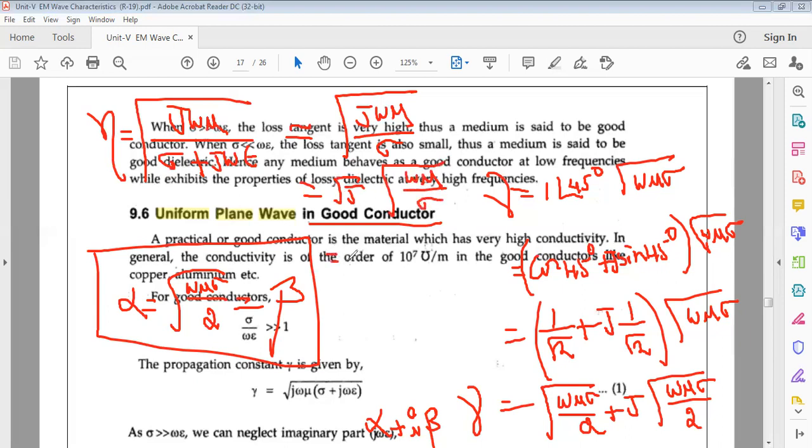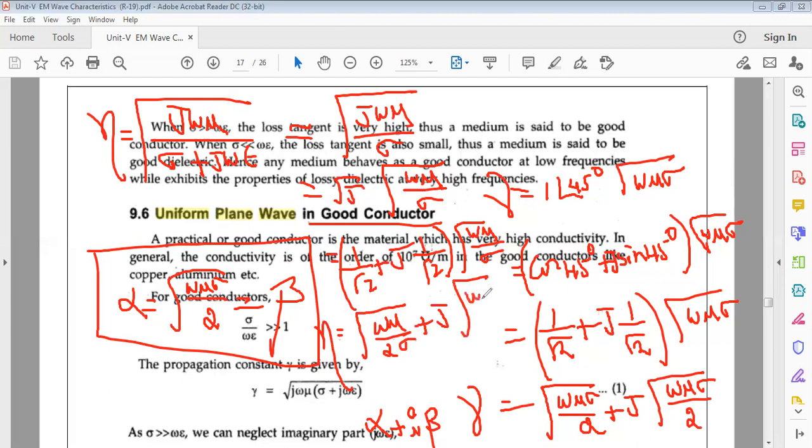What is under root of j? Cos 45 and sin 45, or 1 with an angle of 45 degrees. So cos 45, 1 by root 2 plus j into 1 by root 2, whole multiplying with under root of omega mu by sigma. That is, eta is equal to under root of omega mu by 2 sigma plus j into under root of omega mu by 2 sigma.